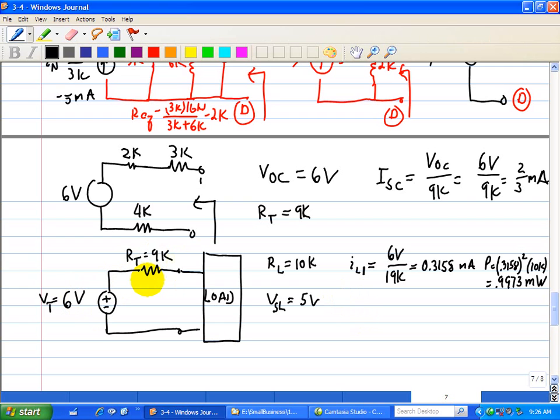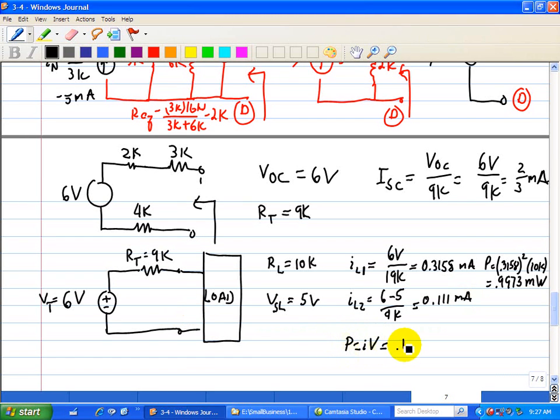We'll call it IL2, 6 minus 5 divided by 9K, which is equal to 0.111 milliamp, and the power delivered to the load is simply power equals IV.